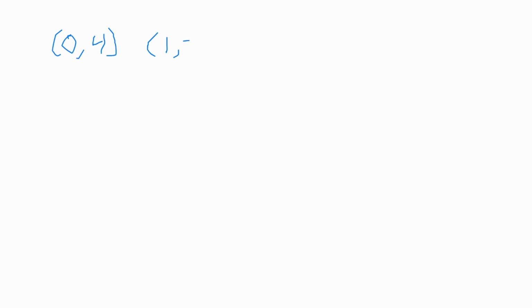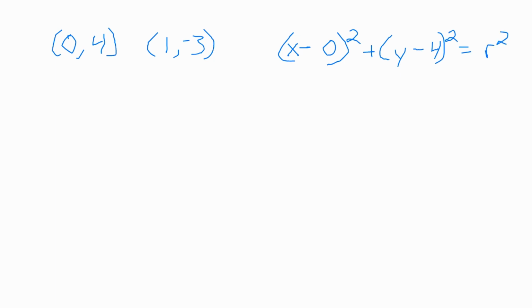Here's the things that I recognize that we have done so far. First, you can set up the structure immediately, right? Because it's always going to be x minus the center, so x minus 0 squared plus y minus 4 squared equals r squared. And that's just from me remembering that this comes from triangles. True? All right.